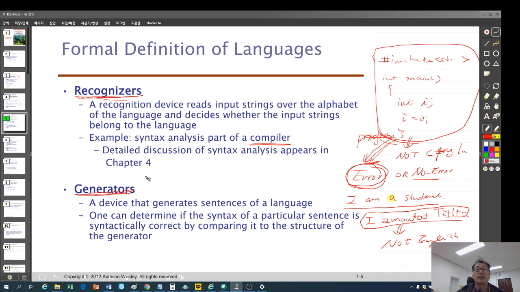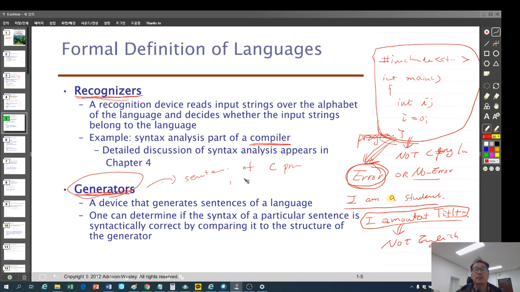The language generator generates sentences, for example in the case of C, sentences of C programs, infinitely many. So why do we need this kind of device?